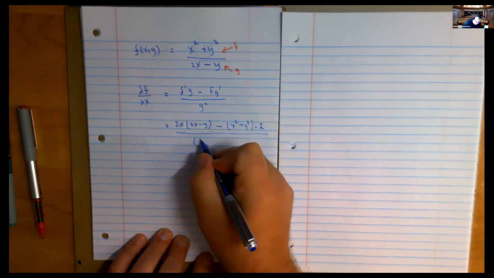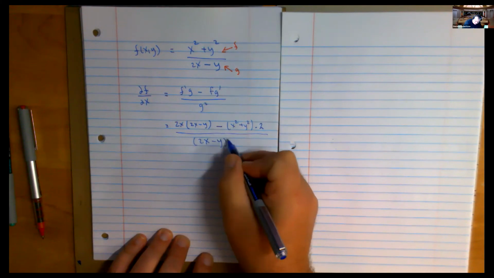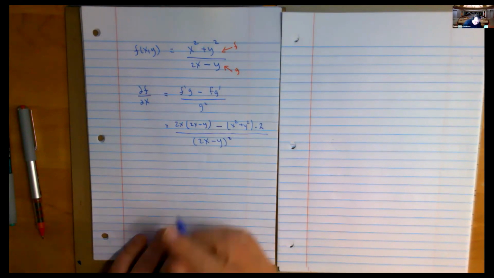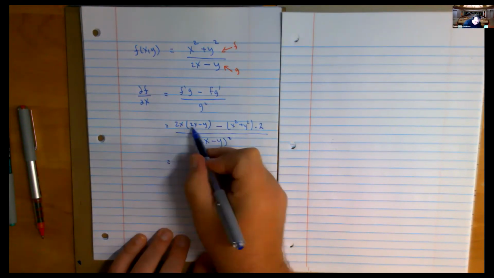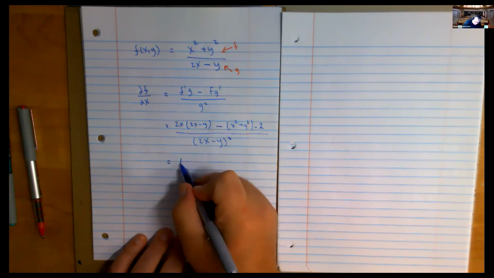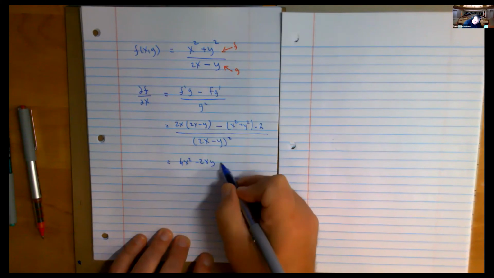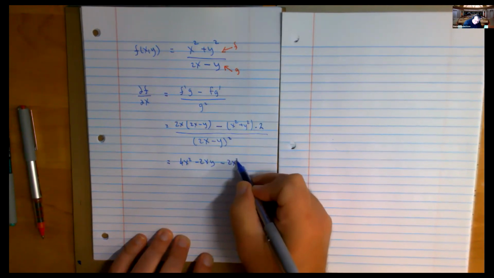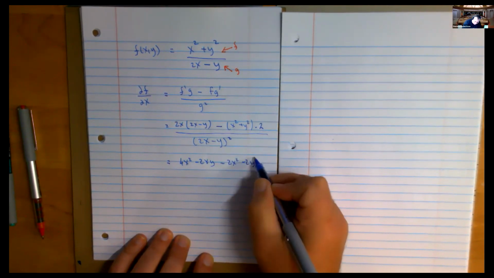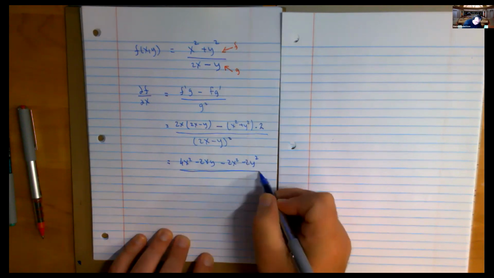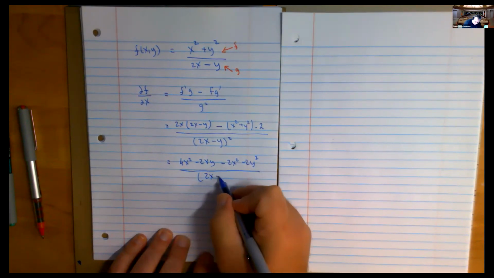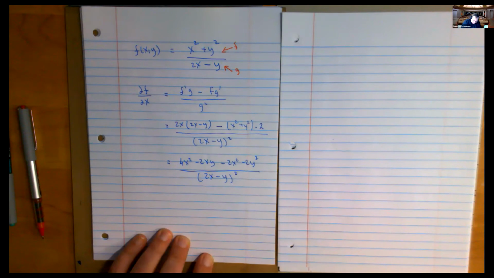The whole thing in the bottom ends up looking like that. So I'll distribute: 4x squared take away 2xy, take away 2x squared, take away 2y squared, over 2x minus y squared.